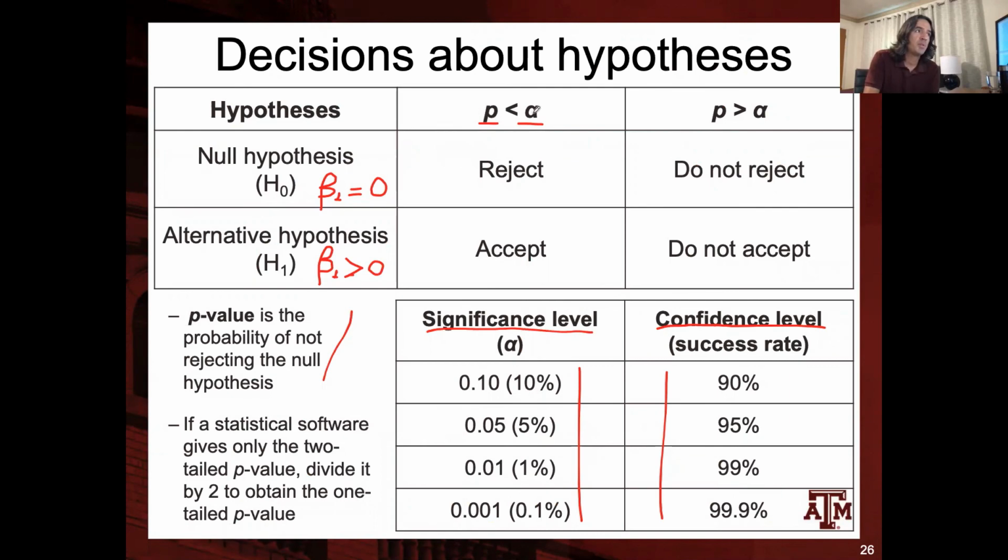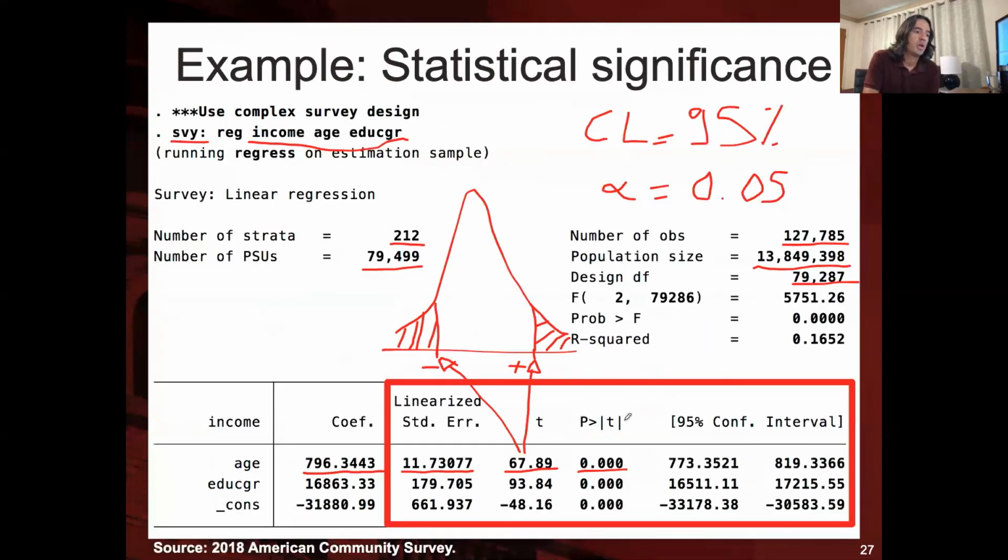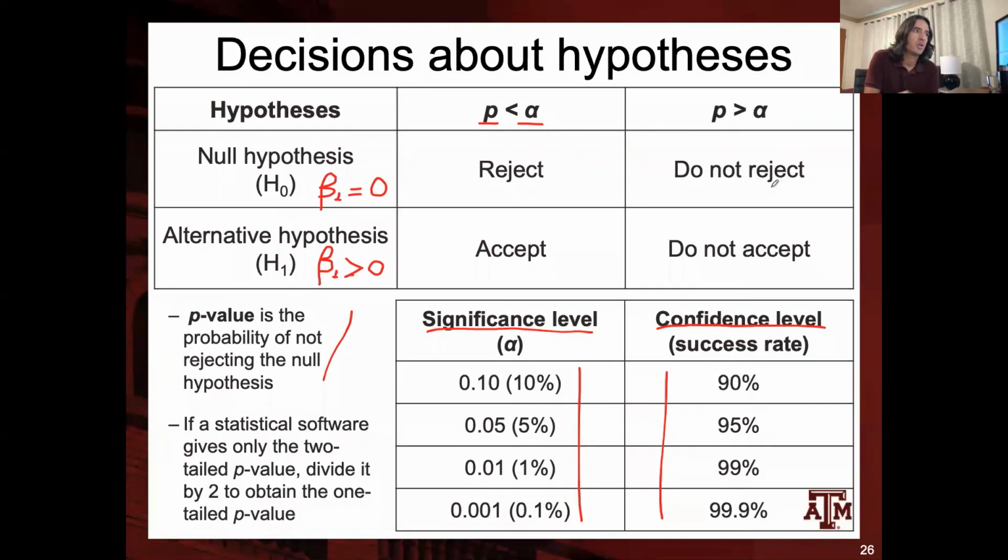Then I compare the P to the alpha. My P is smaller than 0.005. So I reject the null hypothesis that there is no association between age and income. And I accept the alternative hypothesis that age has a significant effect on income.